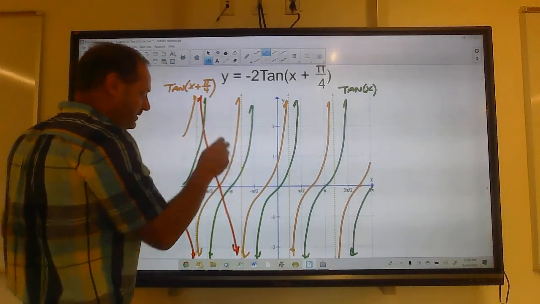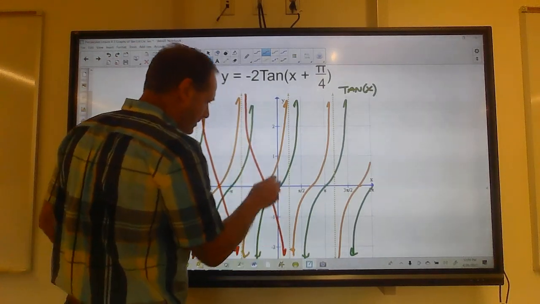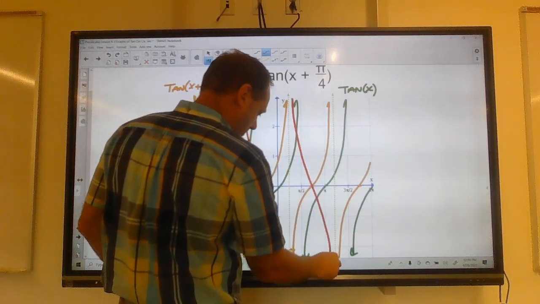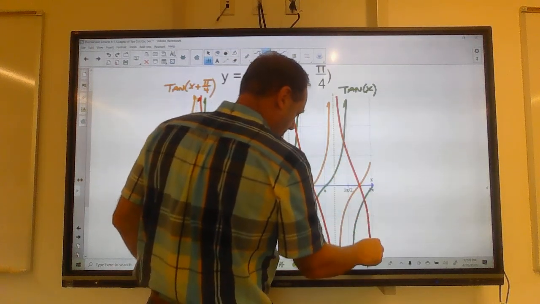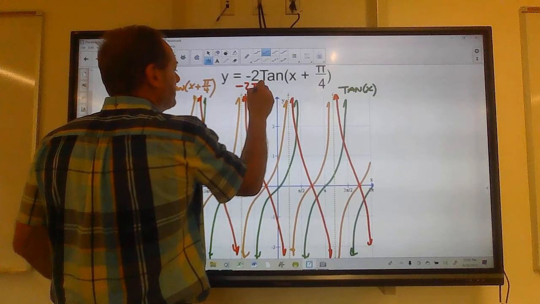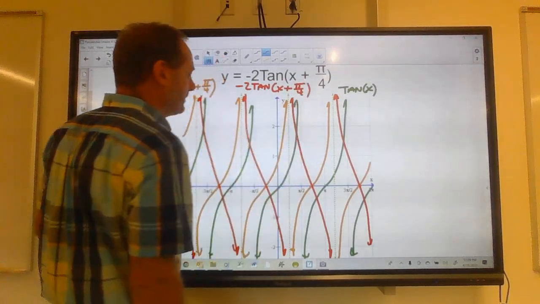It's going to grow much faster, so it's going to be a flatter looking graph. And I'll label that -2 tangent x plus pi over 4. And now I'm done.